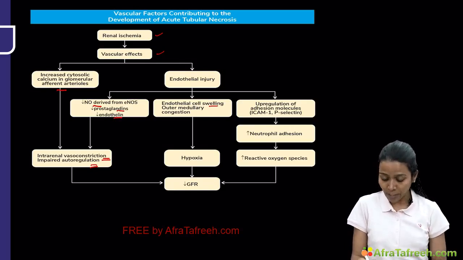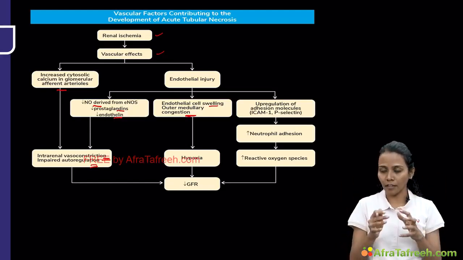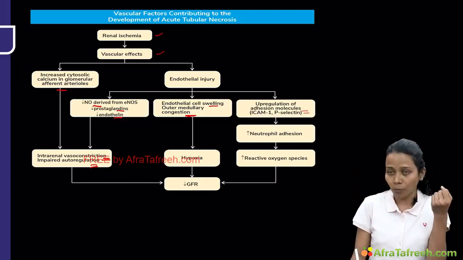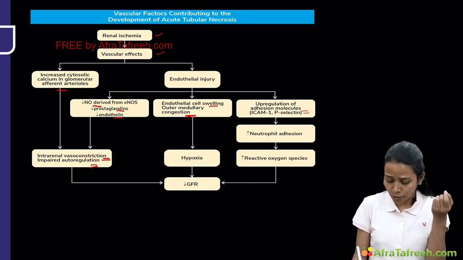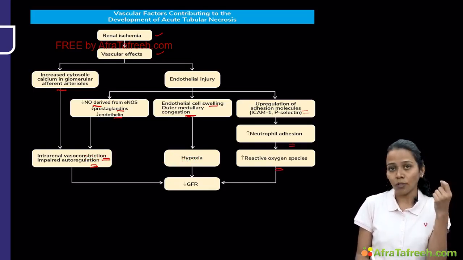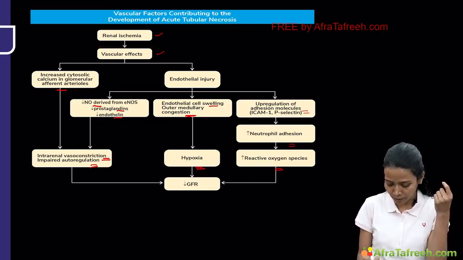Then endothelial cell swelling will occur, outer medullary congestion will occur. So when the blood supply reduces, the outer medulla will start getting congested. And there is upregulation of adhesion molecules, because inflammation is started. So this will increase the neutrophil adhesion and increase the reactive oxygen species. Now, all this endothelial cell swelling and outer medullary congestion will lead to hypoxia.